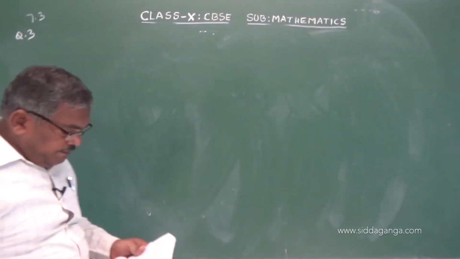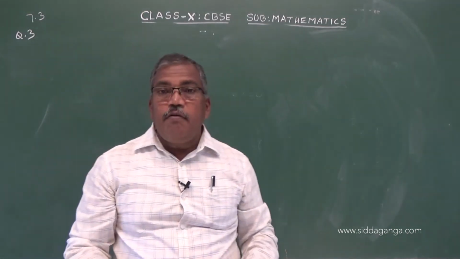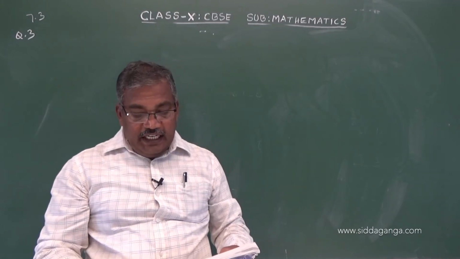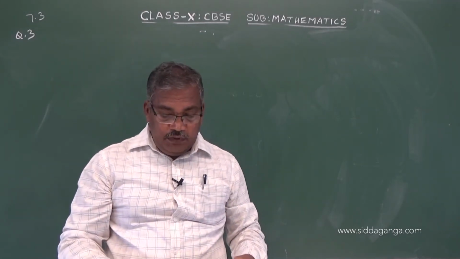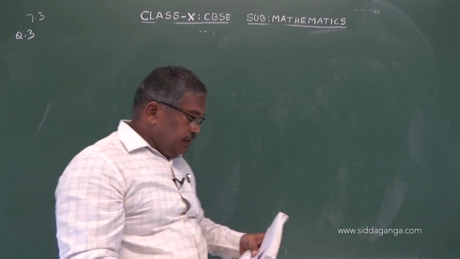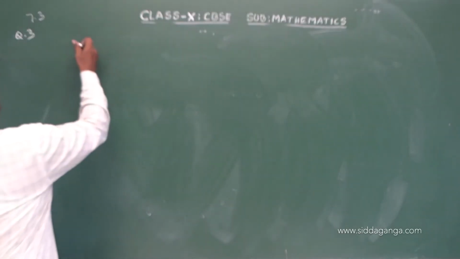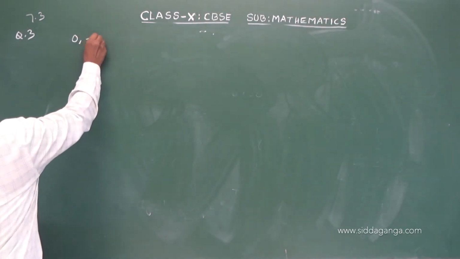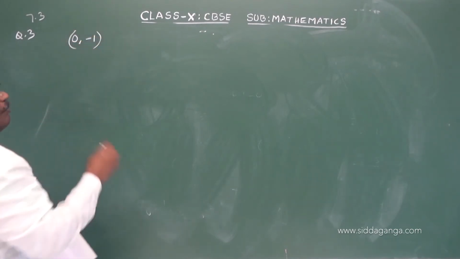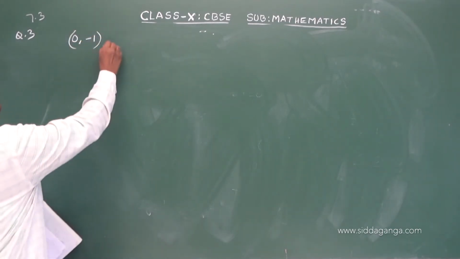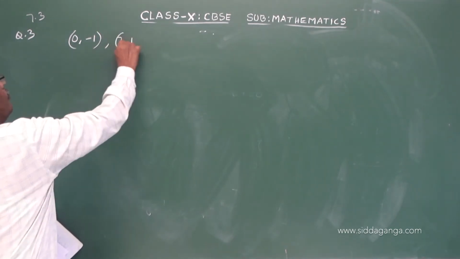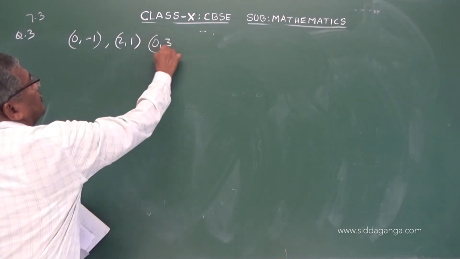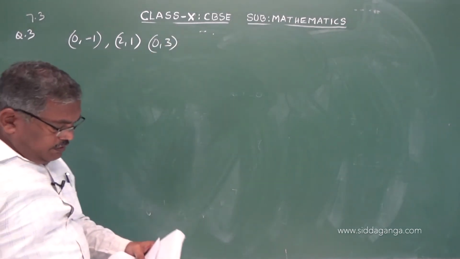It is like this: find the area of a triangle formed by joining the midpoints of the sides of a triangle whose vertices are 0, minus 1; 2, 1; and 0, 3.